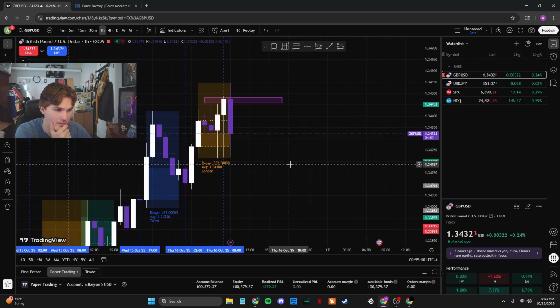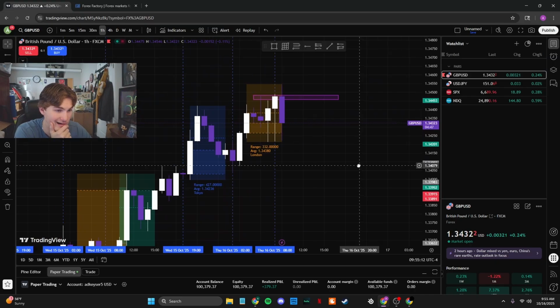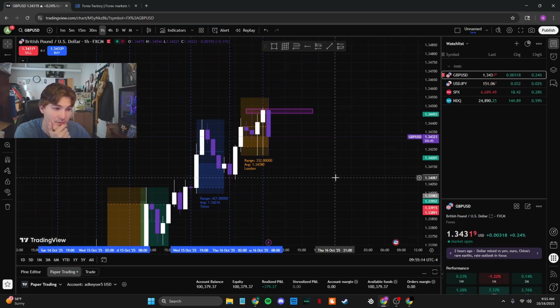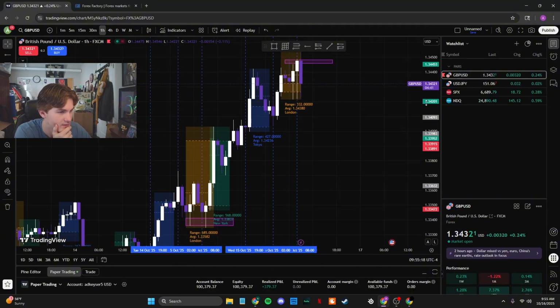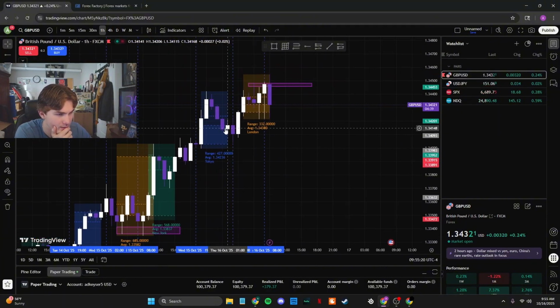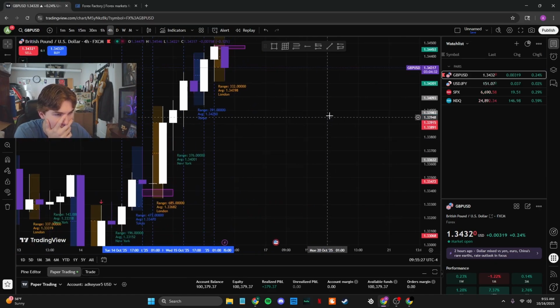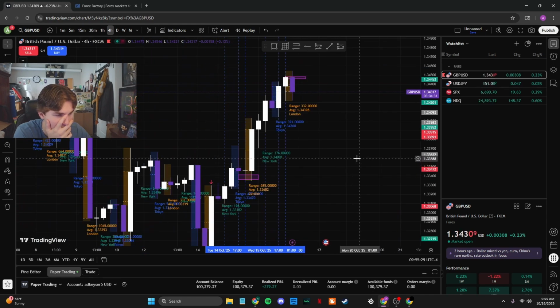If we get that 1 hour break of structure, that would be interesting to see what happens, unless there's building blocks that I'm not seeing that haven't already been hit. That fair value, like this itty bitty thing, is not anything. What about on the 4 hour? I mean, these are just 4 hour retrace.